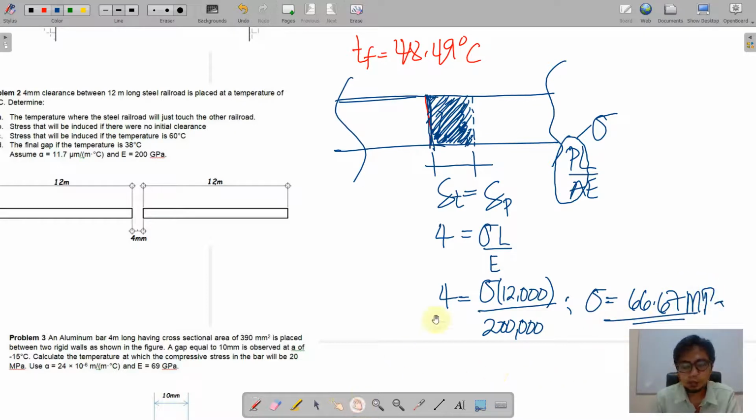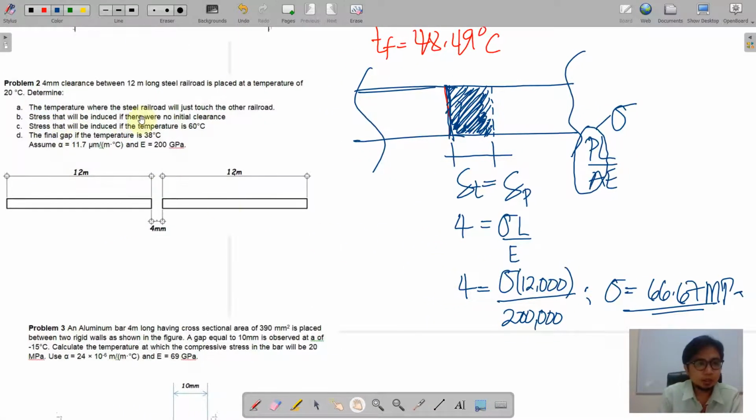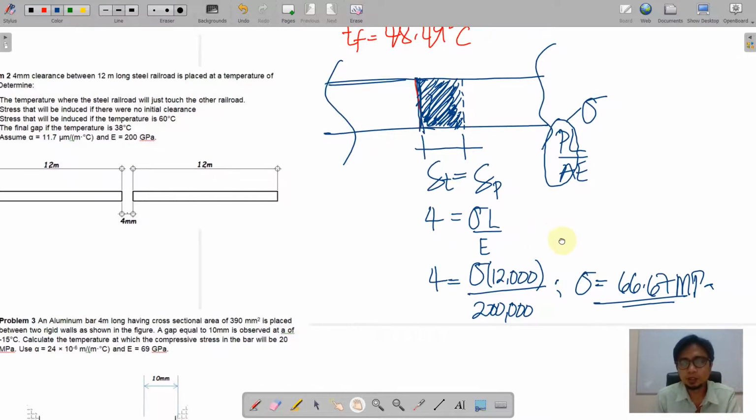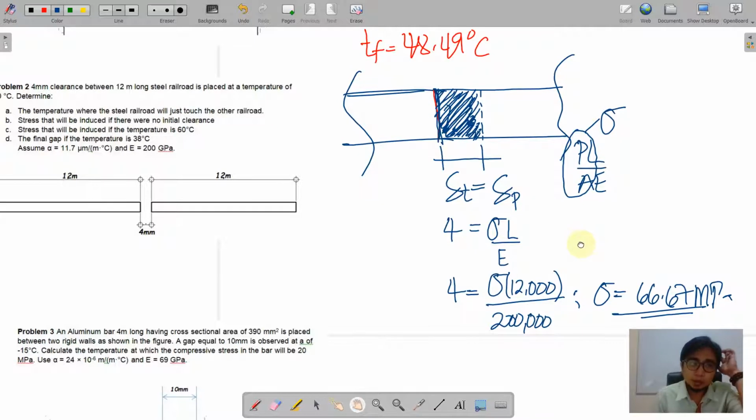So this is unknown number 2. Stress that will be induced if there were no initial clearance. Yeah, pag init niyan, tutok yan, yung tinutukan niya na railings, it will be push out, and it will be compressed. And out of that, there will be a compressive stress equivalent to 66.67 megapascals.